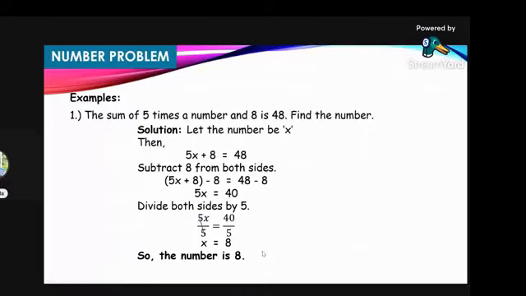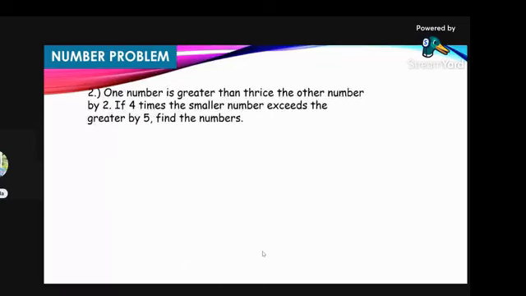Okay, let's proceed to number 2. One number is greater than thrice the other number by 2. If 4 times the smaller number exceeds the greater by 5, find the numbers.